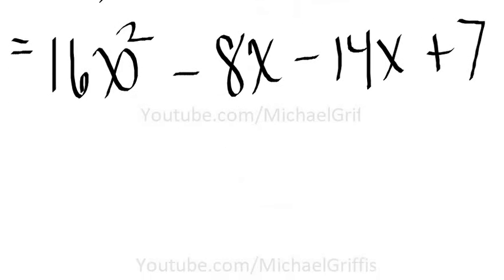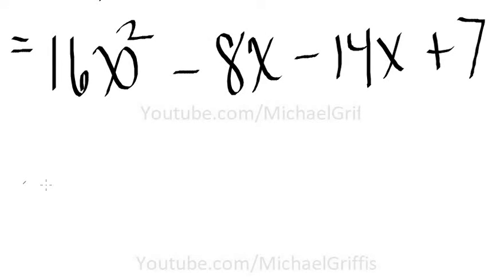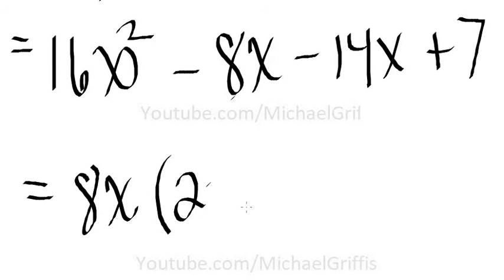Okay. We got to move on with our lives. If I factored, let's see, 8 goes into 16, 7 into 14. Okay, if I factored out an 8x, what are we left with? 2x minus 1.